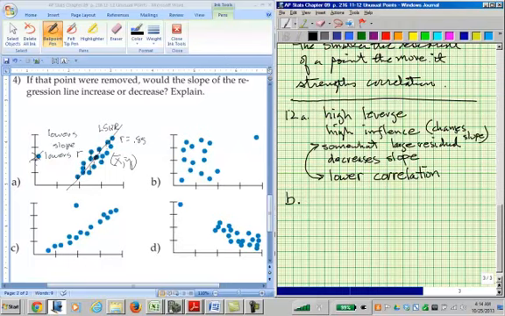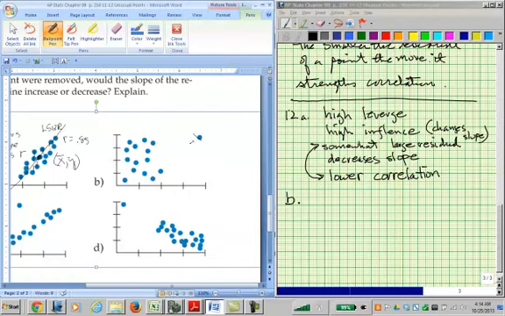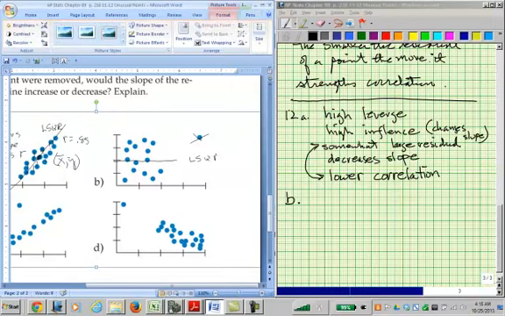Okay, let's talk about what happens if we leave this point out. This would be the LSQR. And here approximately would be X bar comma Y bar, the center of the distribution, right about here. Okay? And R would equal 0.